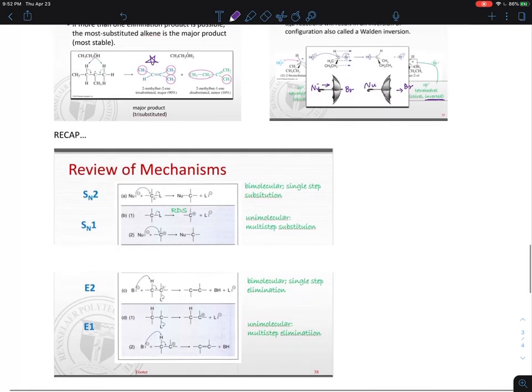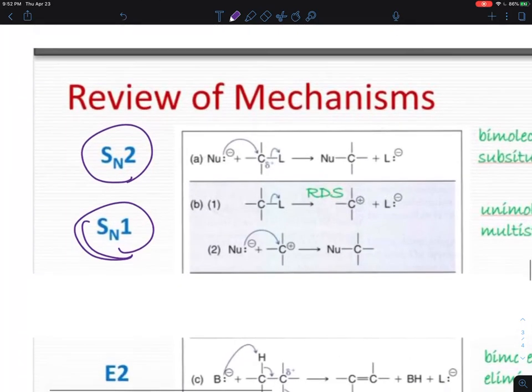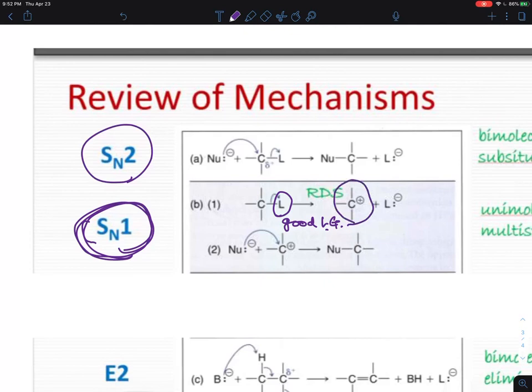We talked about SN1 and SN2, which is the unimolecular versus the bimolecular. The whole idea is that this one is going to be unimolecular, and the rate determining step needs a good leaving group, so it can make this activated species. Because it is nucleophilic substitution, the nucleophile is going to react with the carbocation center.